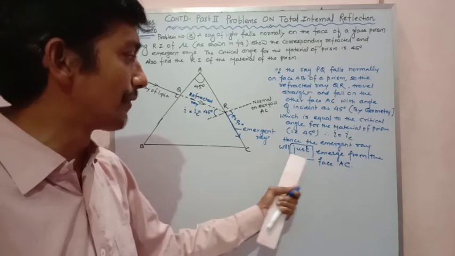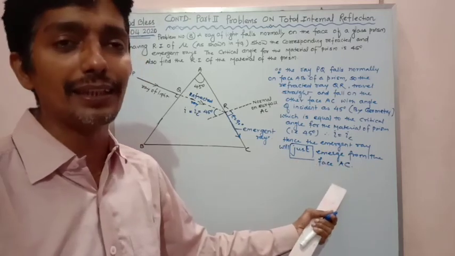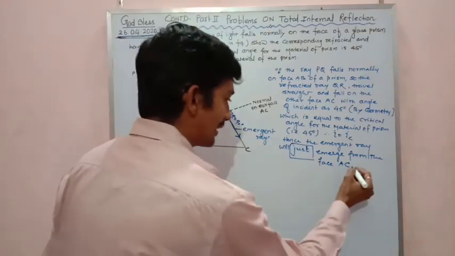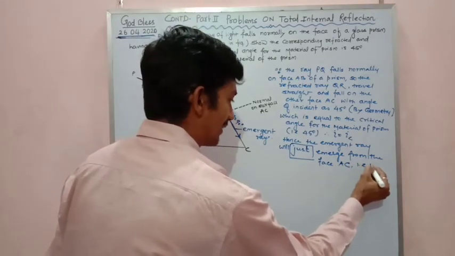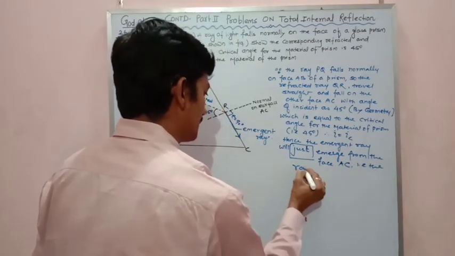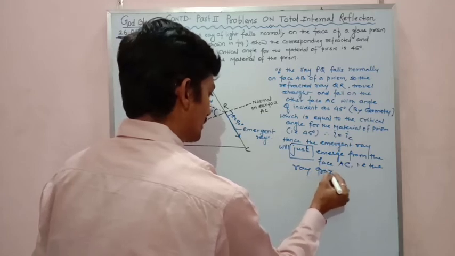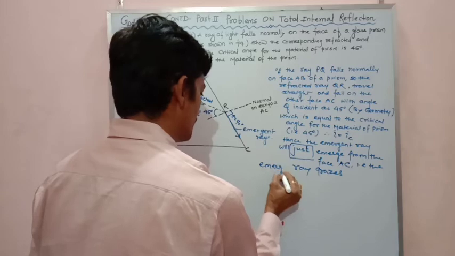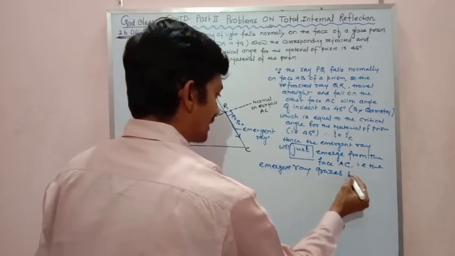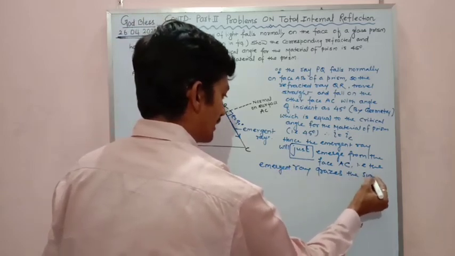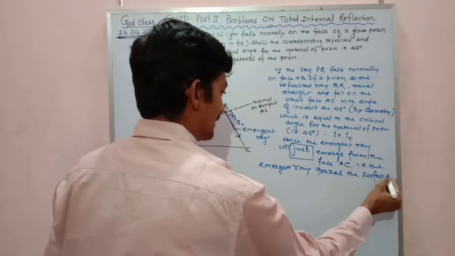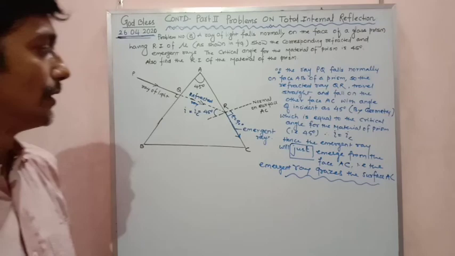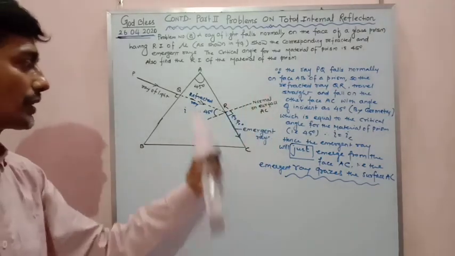So the emergent ray will just emerge from the face AC, and if I say just emerge from the face AC, that is the ray grazes the surface AC. You can see, my dear, this is a beautiful concept.